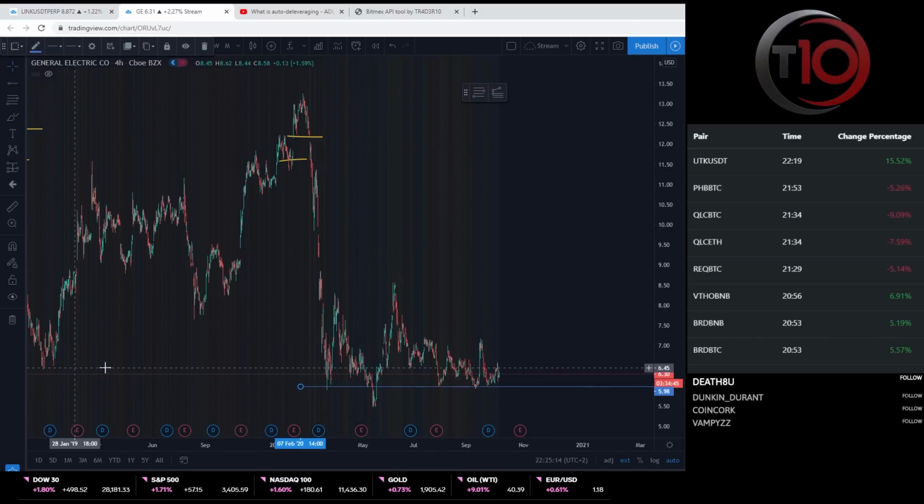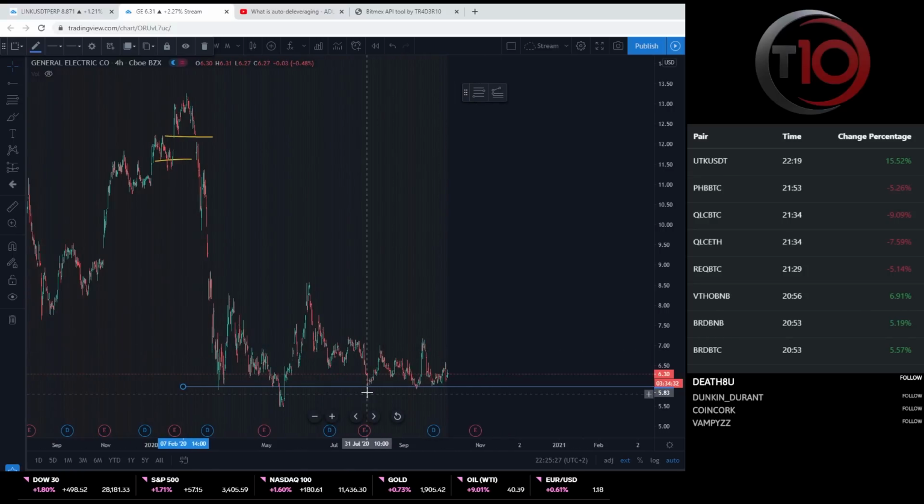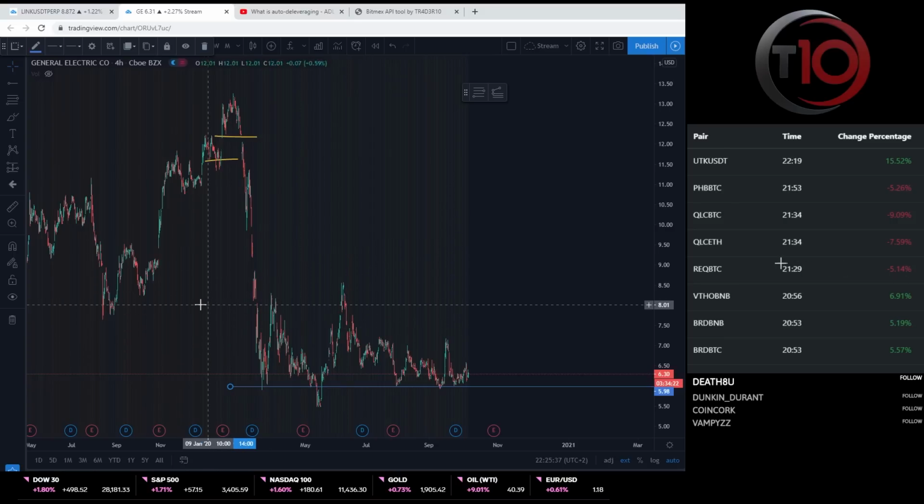This one was nice, but the profit target needed to be very close. I'm not sure I would have taken profits already here. It depends on the stop loss. If my stop loss was super close, maybe the RR will be okay. If not, I think actually, no, I don't think.